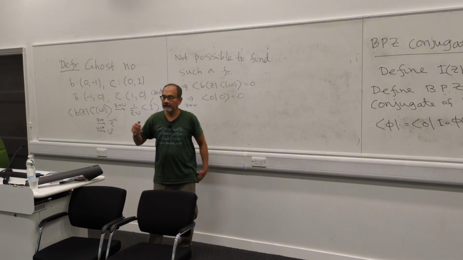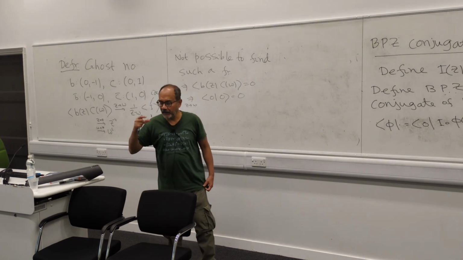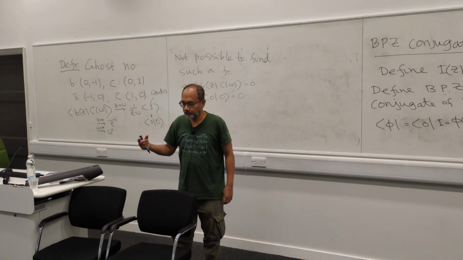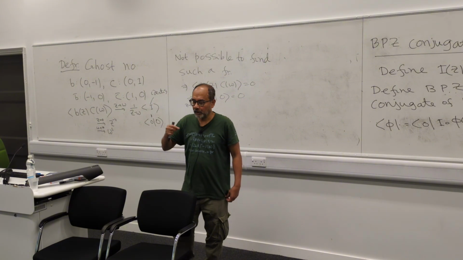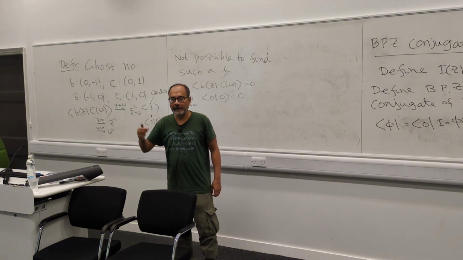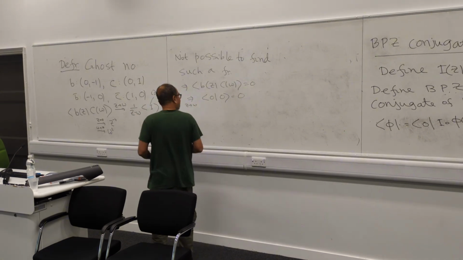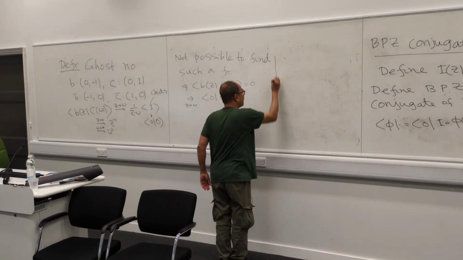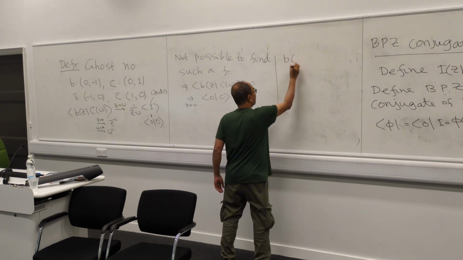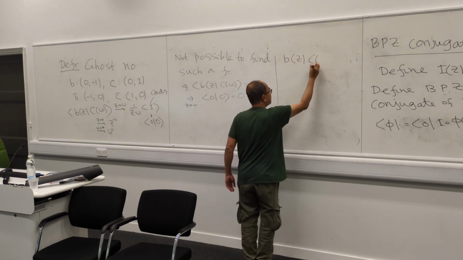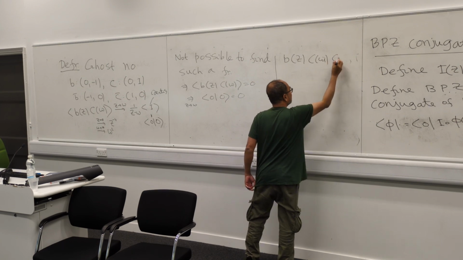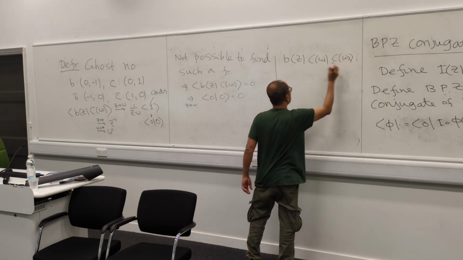So imagine now you have B of Z, C of W1, C of W2. Now, as a function of Z, we have poles at W1 and W2. So for the three-point function, this argument doesn't work, because there is no identity of this kind. So let's take this B of Z, C of W1, C of W2.